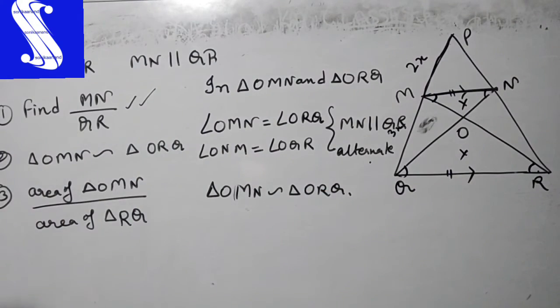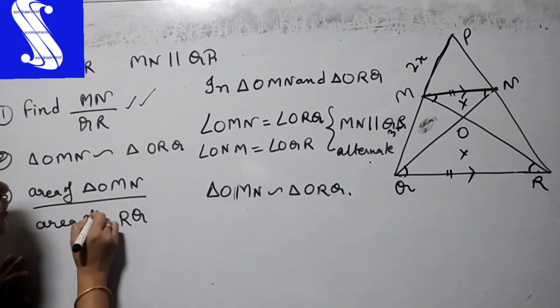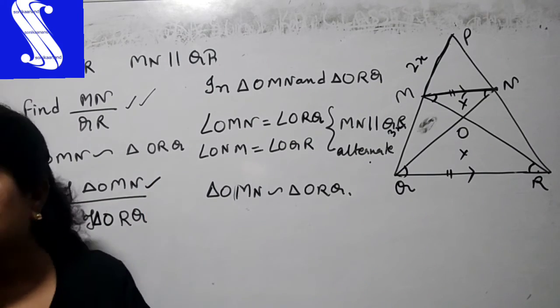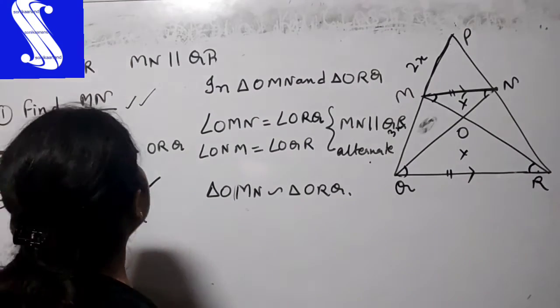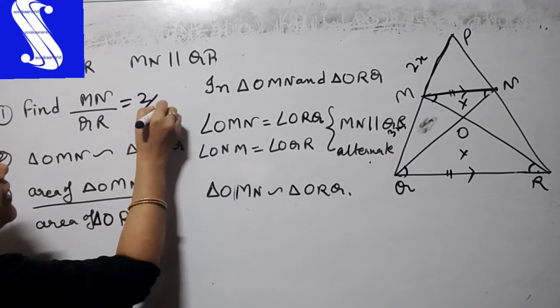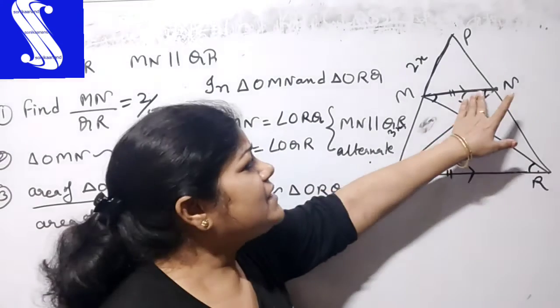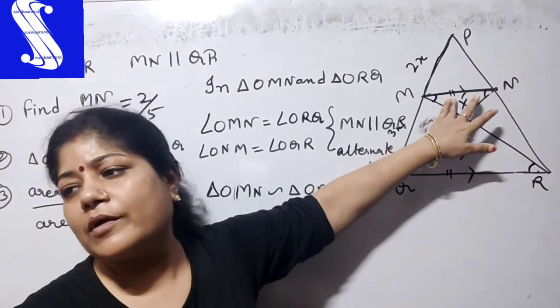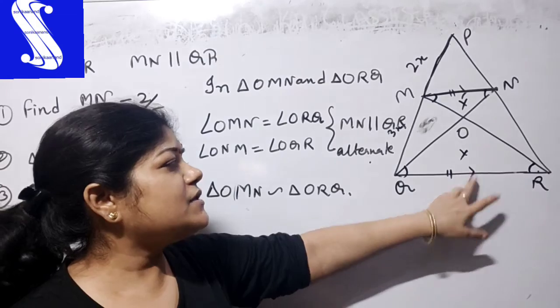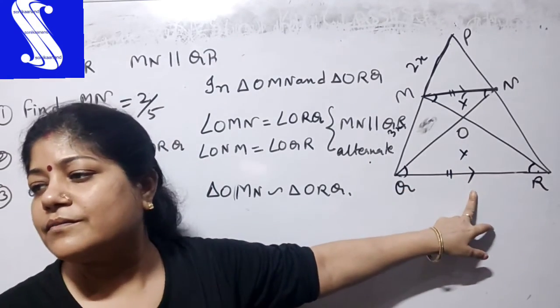Clear? Now the third one. We have to find the ratio of areas of OMN and ORQ. Now we found MN over QR, which is equal to 2:5. Now MN side is in the triangle OMN and QR side is of triangle OQR.